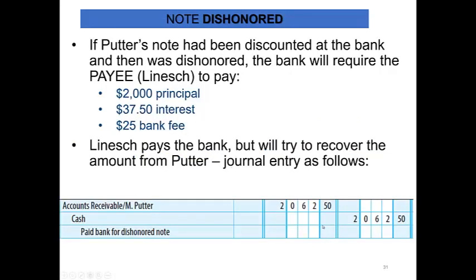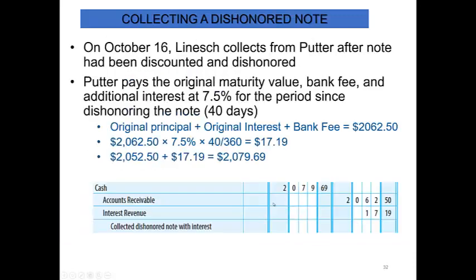Okay, so if we go back, we look at our accounts receivable. Putter owes us $2,062.50. So we're going to apply the 7.5% rate to the $2,062.50 times the number of days that the note was late, times 40 divided by 360, and we'll get $17.19.